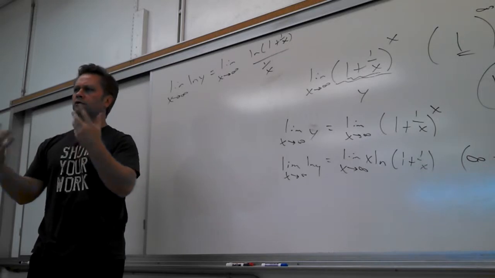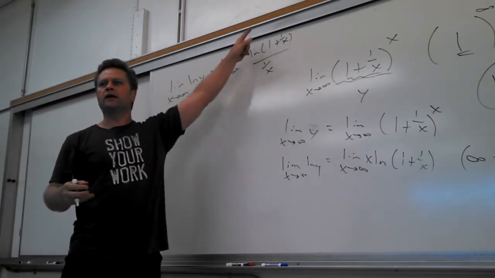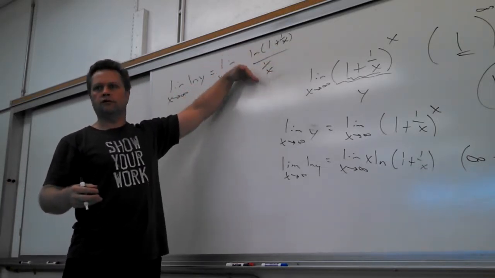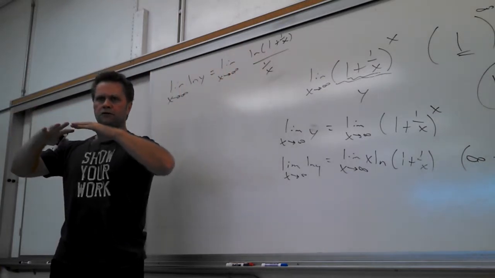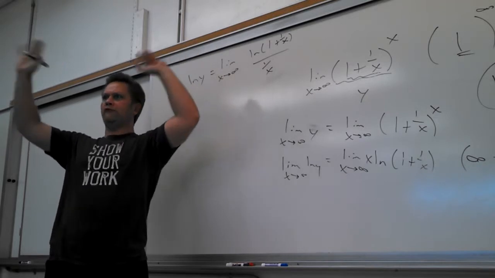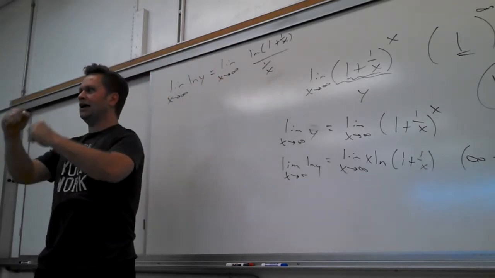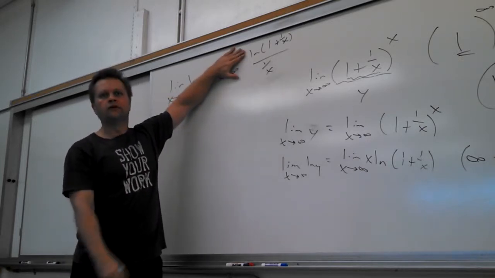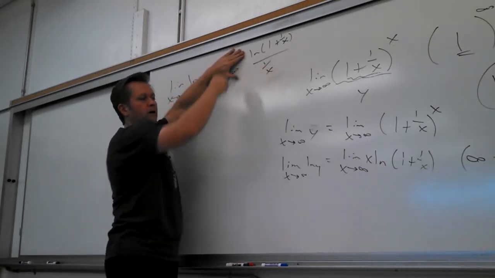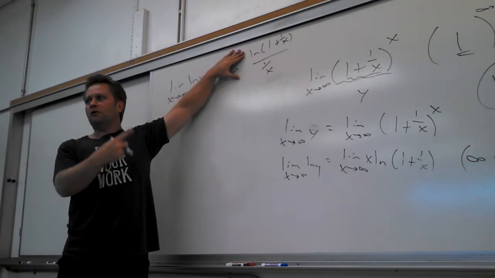So I'm not breaking any rules. I'm not taking the derivative of this whole thing. I'm taking the ratio of the derivatives. Do you guys understand where I want you to be careful? Don't suddenly go, well, now I can do everything top and bottom separate. No. If I ask you to take that guy's derivative, you can use quotient rule there, right?